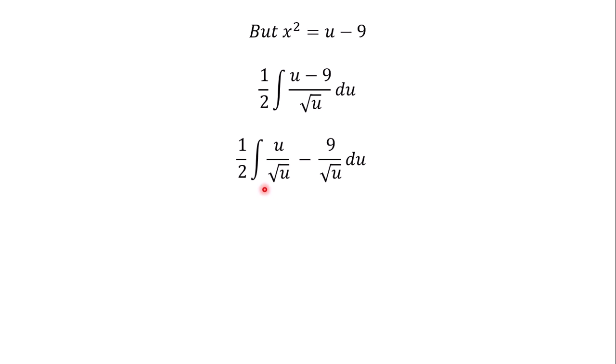That is going to be the integral of u over square root of u du, minus the integral of 9 over square root of u du. I'm doing it that way so that we can easily work on each of them to know how each of them is solved.